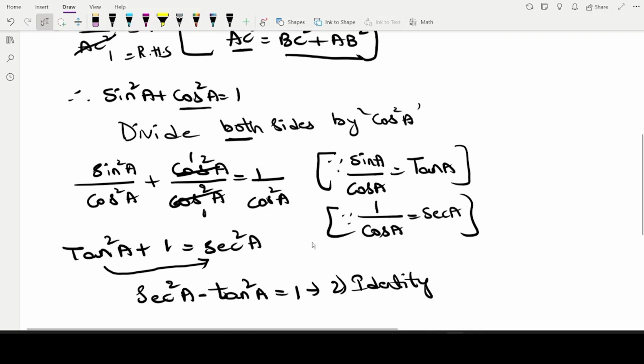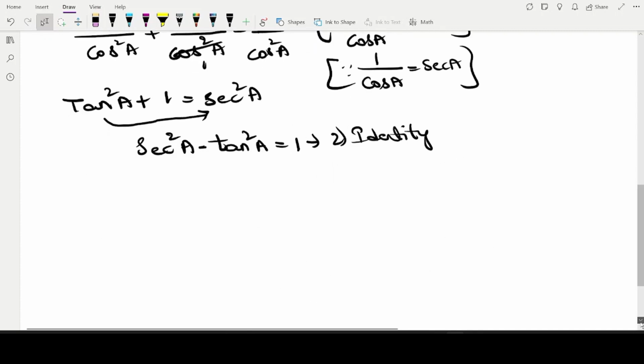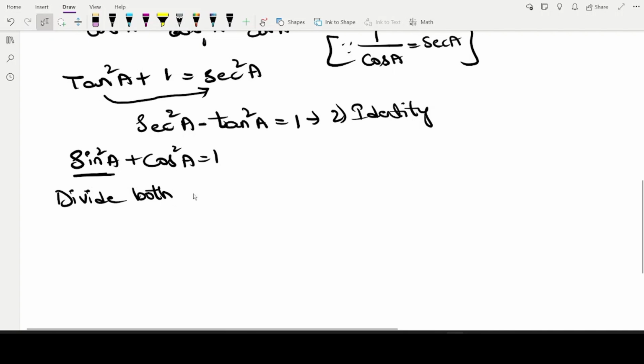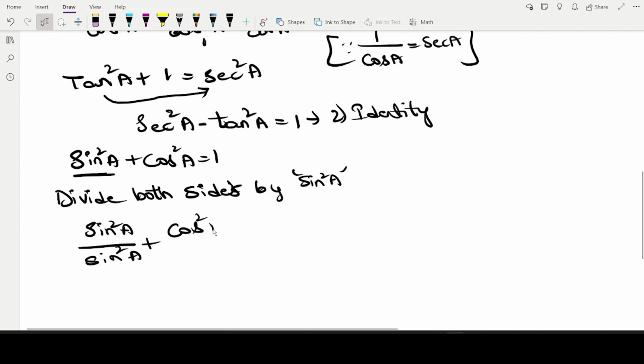Now let us solve the next identity using the same first identity again, which is sin²A + cos²A = 1. Now let us divide both sides by sin²A. So sin²A divided by sin²A plus cos²A divided by sin²A equals 1 by sin²A.